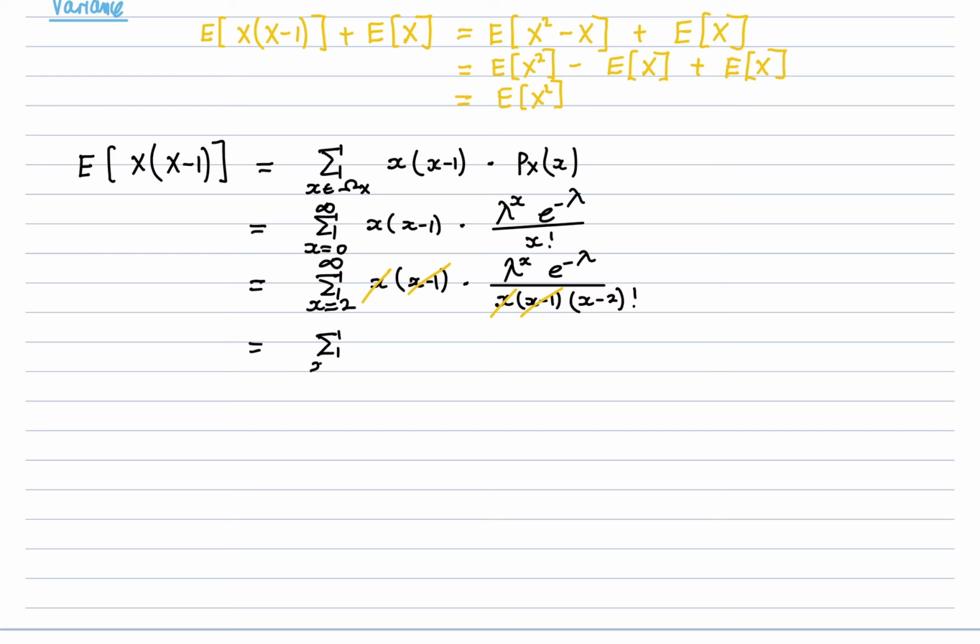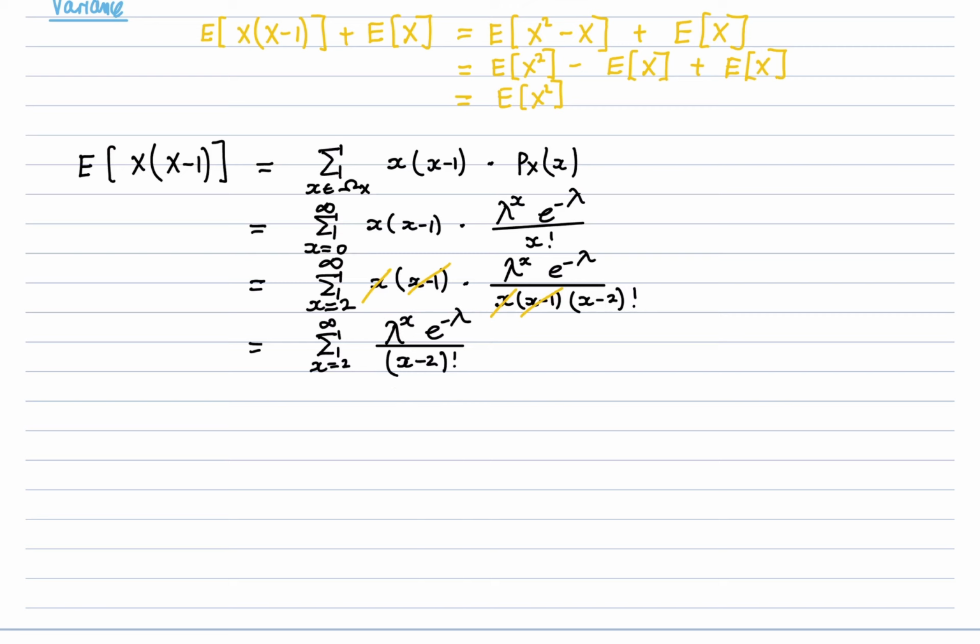We've got the sum from x equals 2 to infinity of lambda to the x, e to the negative lambda, all over x minus 2 factorial. And in a similar fashion, we're going to try and make this look like the PMF of a Poisson distribution.